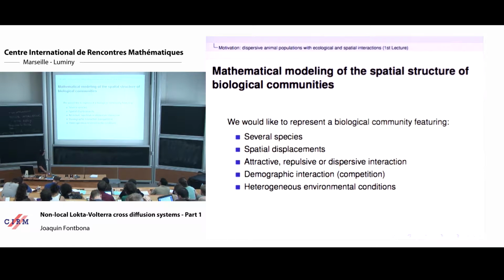And possibly heterogeneous environmental conditions. You might think of some geographical location where you can have different resources available, and the resources will depend on the geography. Maybe there is a river, there is the sea. So we would like in general to be able to take into account the possibility of having a heterogeneous environment.